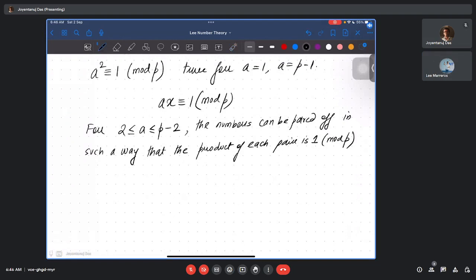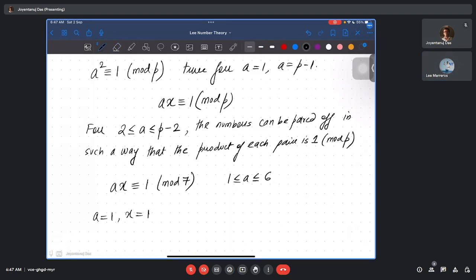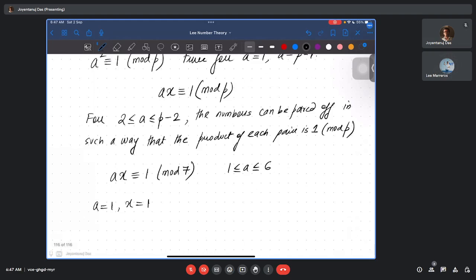We are looking at ax congruent to 1 mod 7, and a lies between 1 and 6. For a equals 1, I know that x equals 1, because 1 squared is 1.